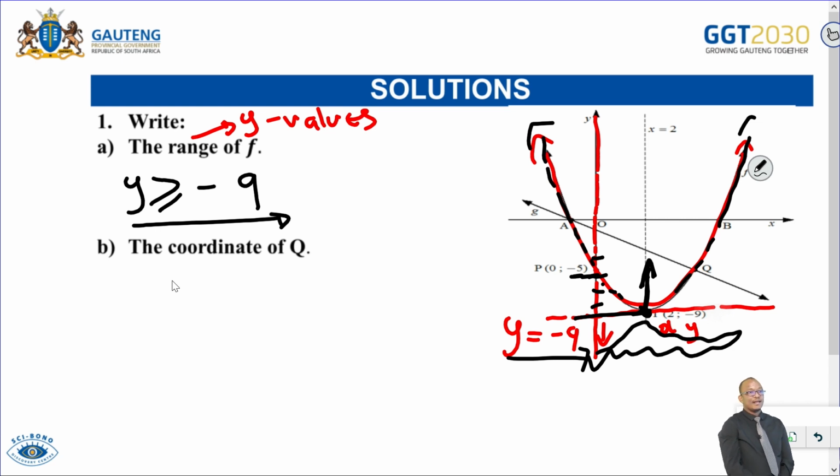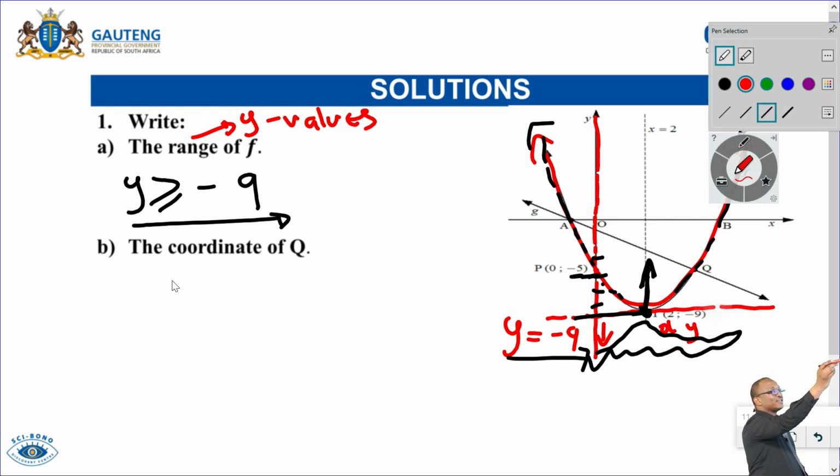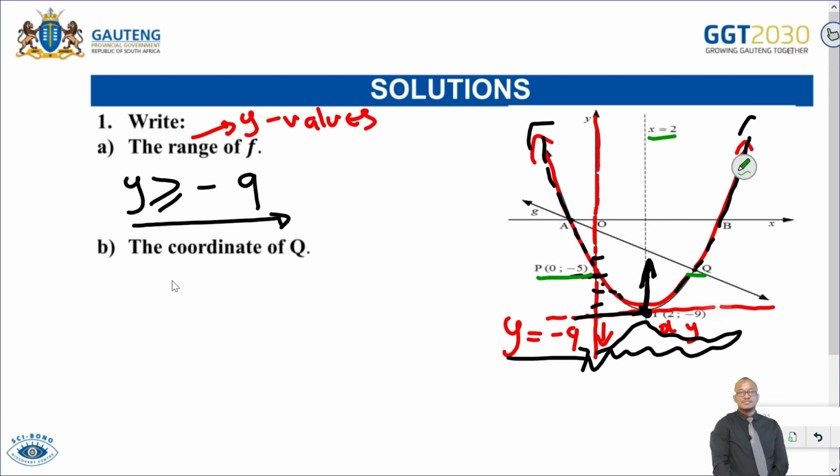Okay? Now, we have to write down the coordinate of Q. It was given that P and Q are reflections along x is equal to 2.